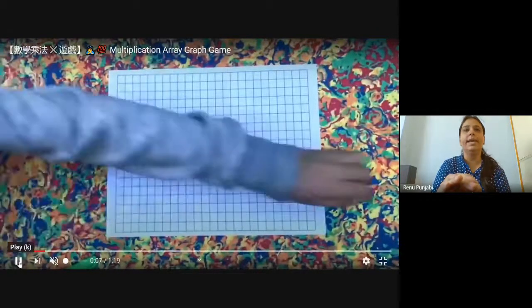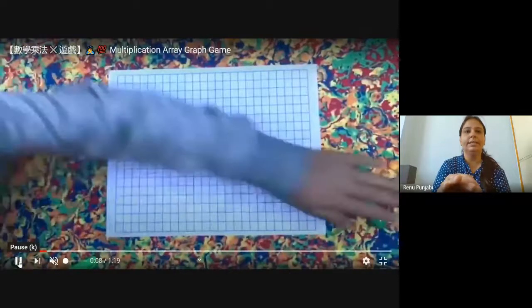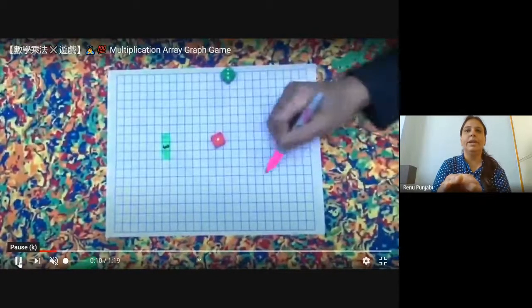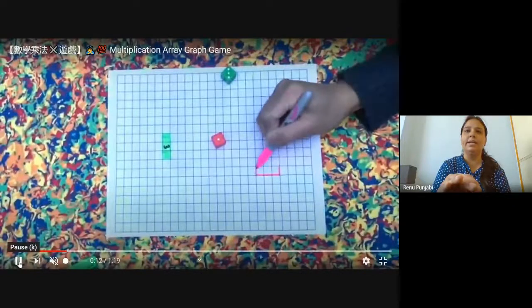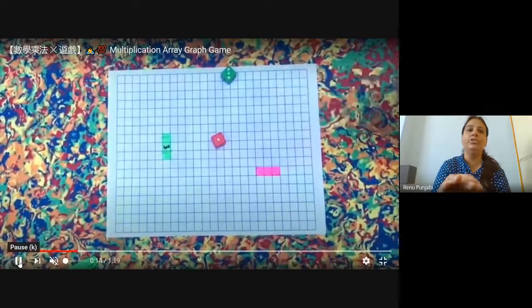So, 1 into 3 is 3. Here again, the next partner also got 1 into 3. One has arranged in the sleeping way, the other partner has arranged in the standing way. It's his choice. The first one has taken 1 row, 3 columns. The second one has taken 3 rows and 1 column.